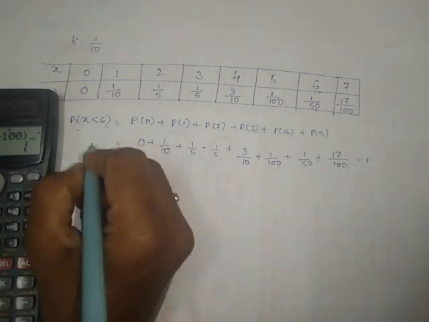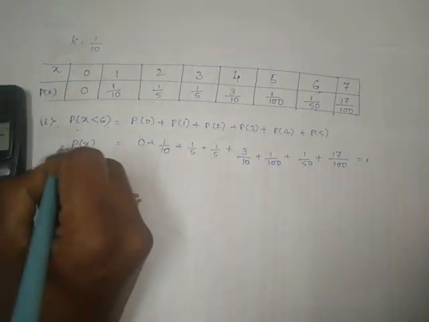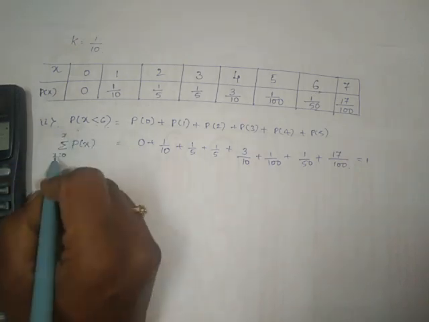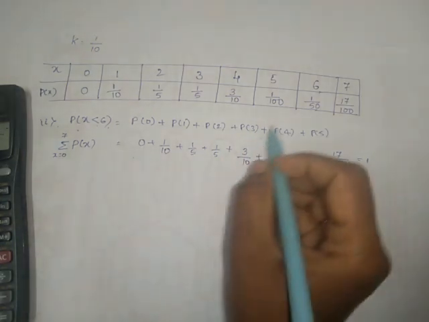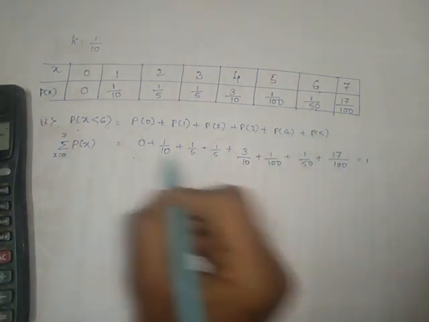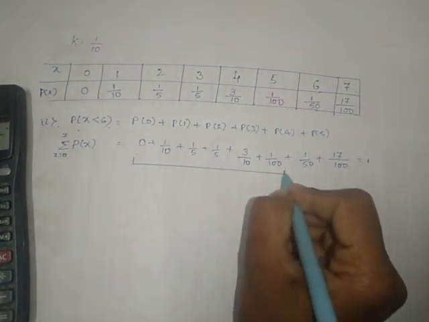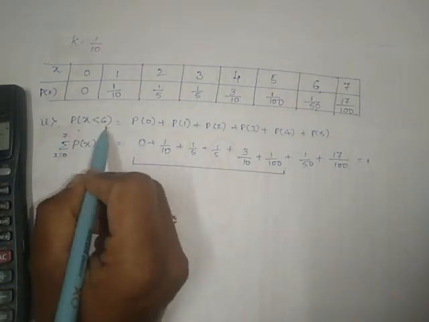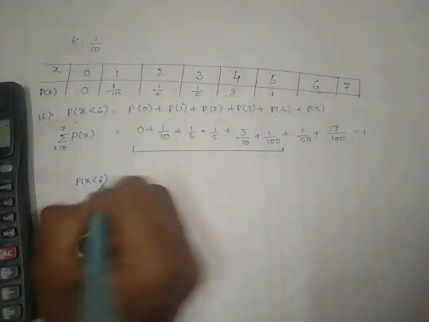We verified that, P of X summation from X equal to 0 to 7. Sorry, we have to add only up to 1 by 100, because we only have to consider this for P of X less than 6.